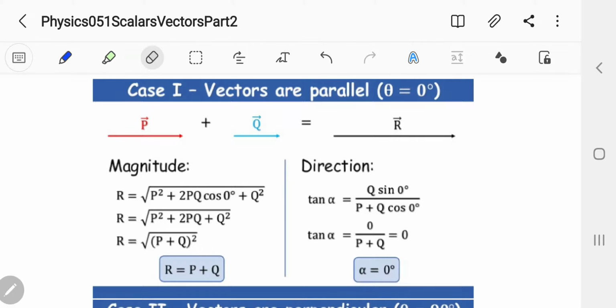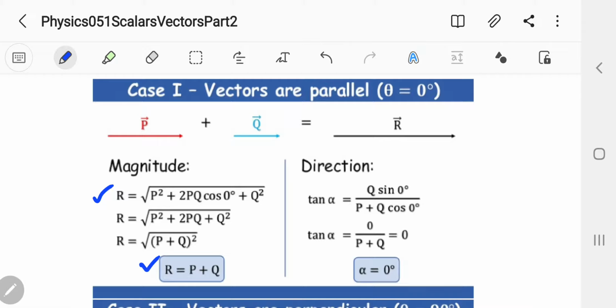So you have p and q. How do you do that? You just use the formula for the magnitude. We have r equals the square root of p squared plus 2pq cosine 0 plus q squared. Cosine 0 is equal to 1, and you can factor this out. It's just p plus q squared, and r would be just p plus q.